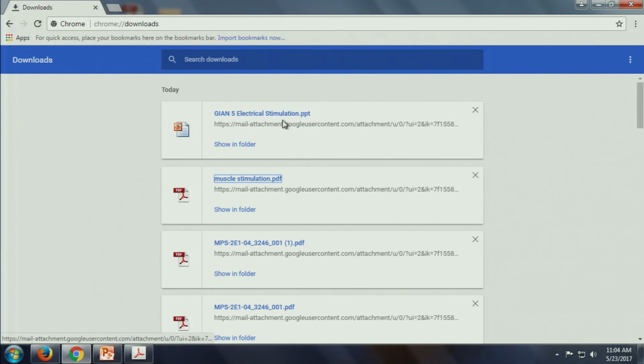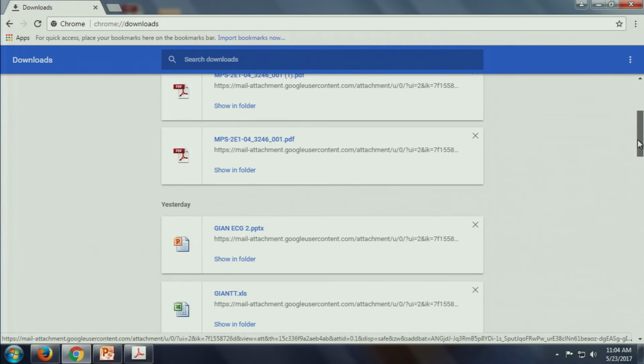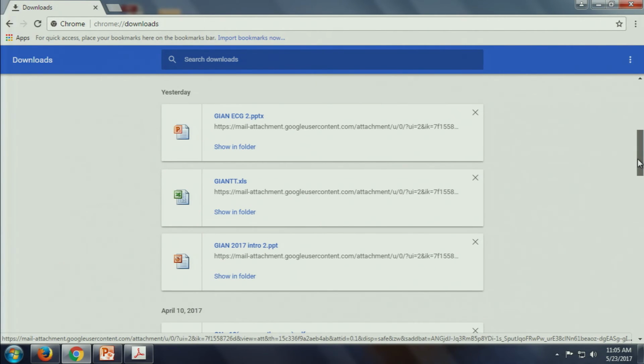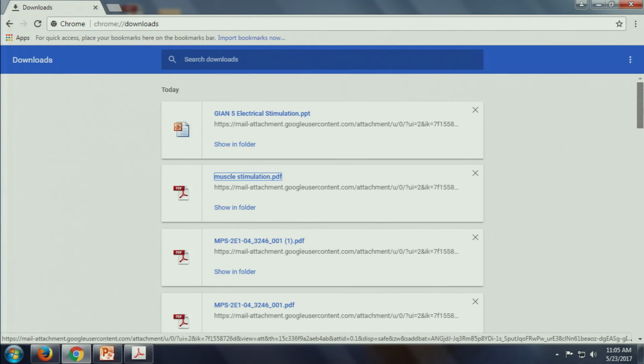What are you looking for? Vein finder. Will you download that? Yeah, one second. Vein finder was there, no? Where is it? It is a PPT or a PDF.